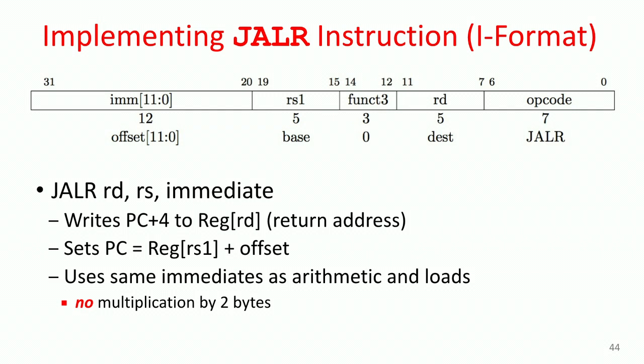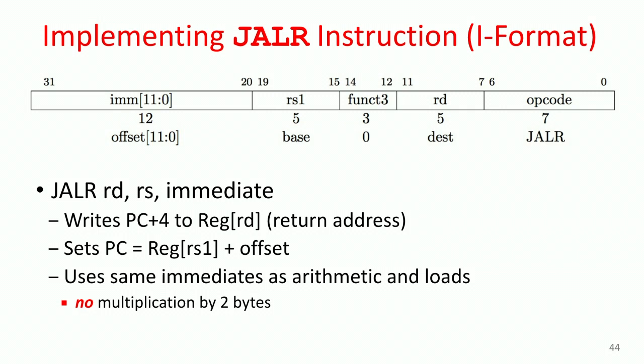So inside a function, if you remember the location that the call came from, and you want to be able to jump back to that place, that location is usually stored on the stack and then moved from the stack into a register, and then we do a jump and link register back to that location. It has this syntax, jump and link register RD, RS, immediate.